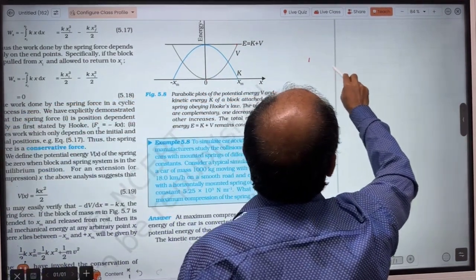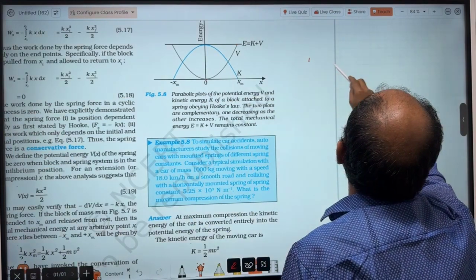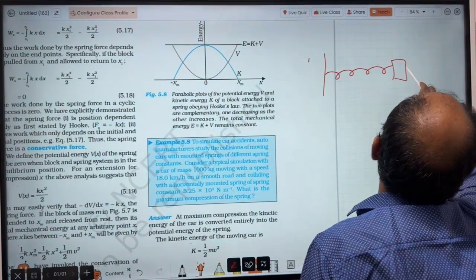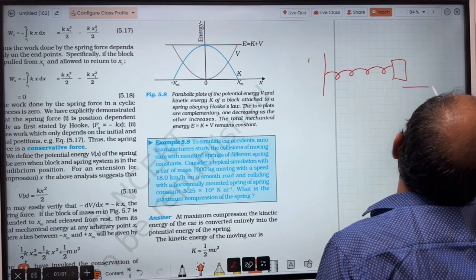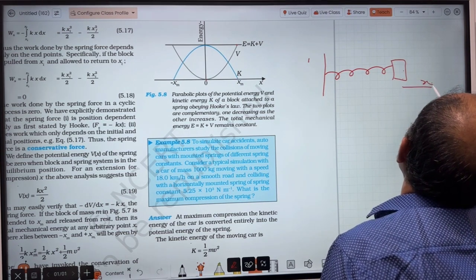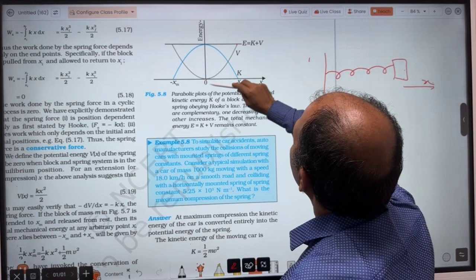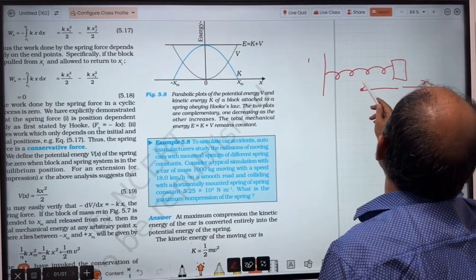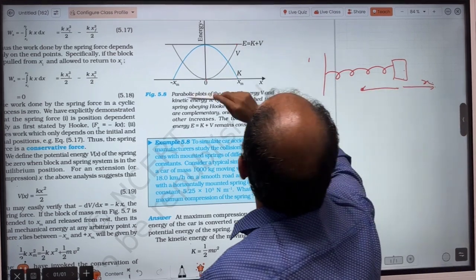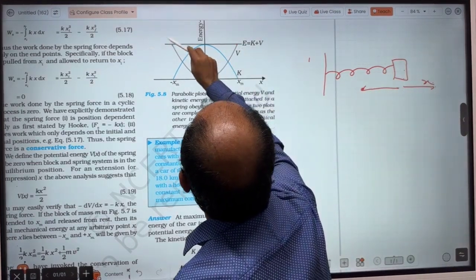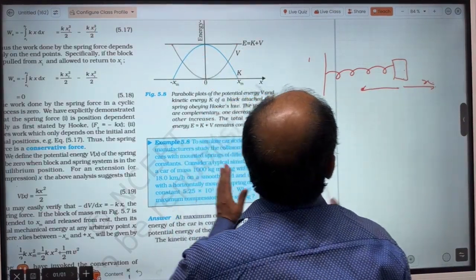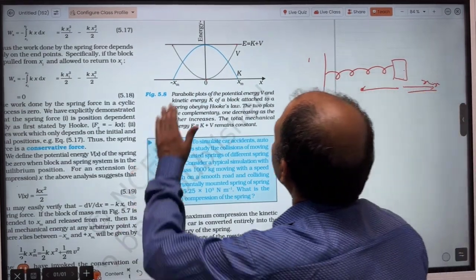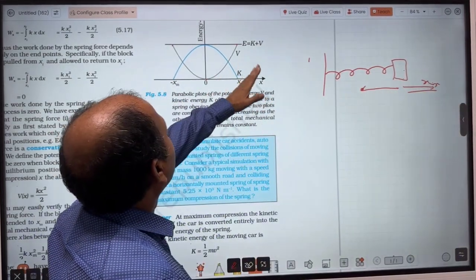Let's write it here, so you will understand this case easily. If it is stretched to a distance x in this direction, the potential energy will be highest, or if it is compressed to this position, the potential energy will again be highest, corresponding to this minus xm. This is positive xm, this is negative xm, right?